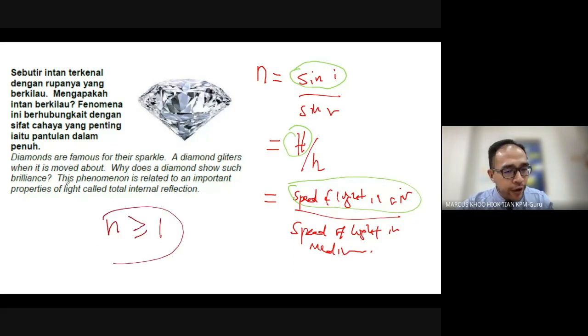There is no refractive index that is smaller than 1, because refractive index 1 refers to the air around us. So if you calculate and get a refractive index of 0 point something, then something is wrong. You've inverted the value. So always remember, the refractive index must always be bigger than 1, and because of that, the bigger value must always be on top. It can be 2 point something, it can be 3 point something, as long as it is not 0 point something. The moment you get 0 point something, it's a red flag.